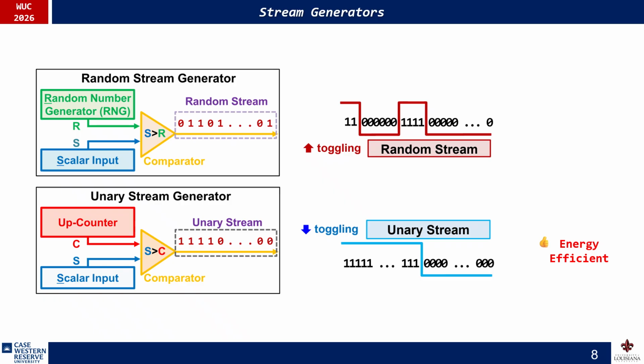In this way, I guarantee that all the ones come together until a point, and after the counter beats the value of S, the remaining bits become 0. Because in the unary setting we have ones and zeros aligned to the left or right, we create a unary stream. Unary streams are advantageous in terms of toggling, because in the random case we have many times going up and down, switching between 0 and 1, but in a unary stream it happens only one time, because all the ones come together and then zeros occur afterwards. So we have more energy efficiency compared to the random setting.